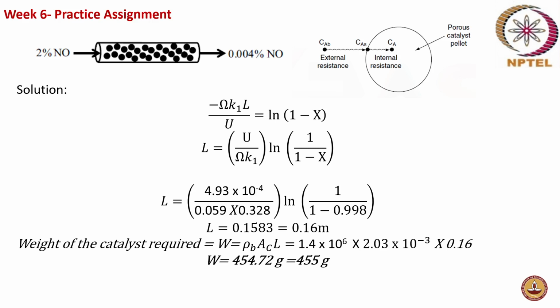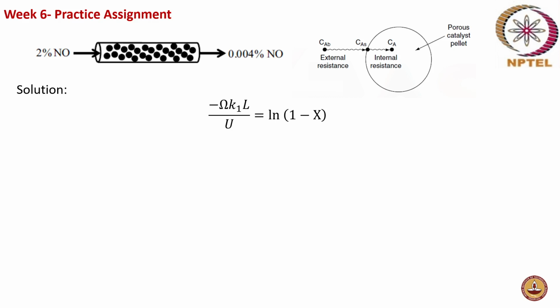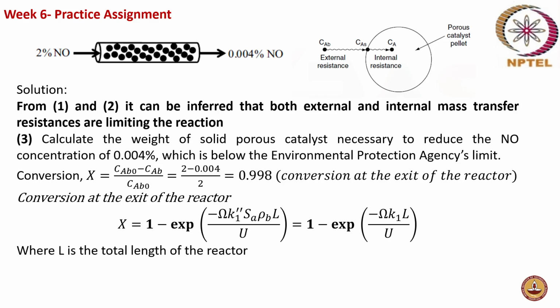We can also, instead of first finding out the length of the reactor and from there multiplying the density and area of cross section, rewrite the mass balance, the expression of conversion, in terms of the weight of the catalyst and integrate that expression.